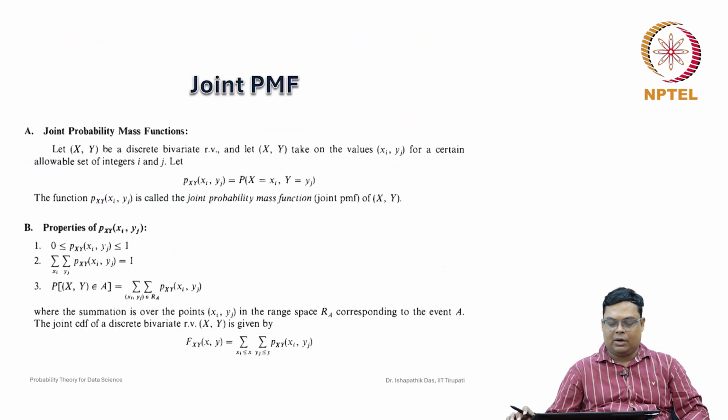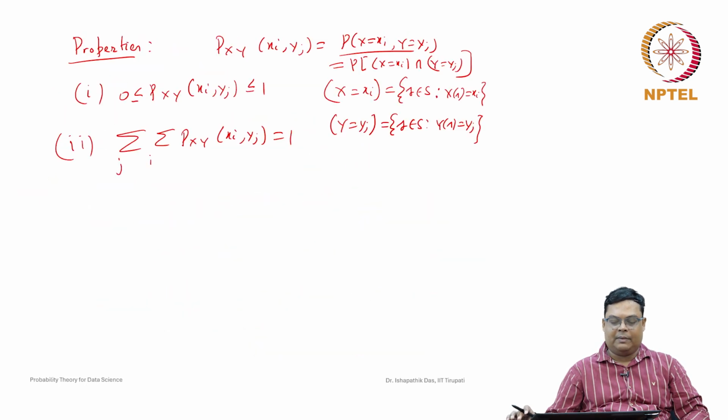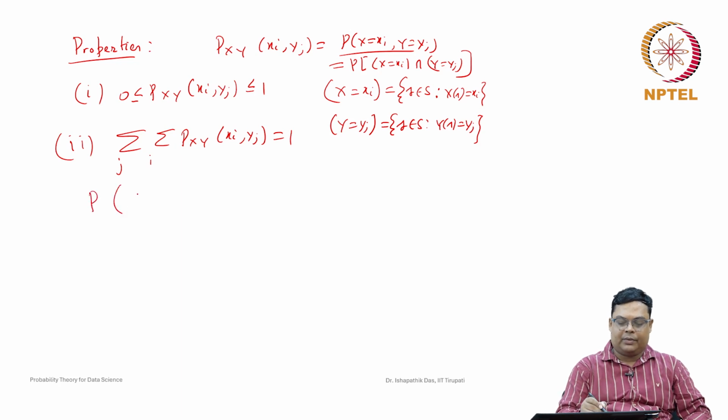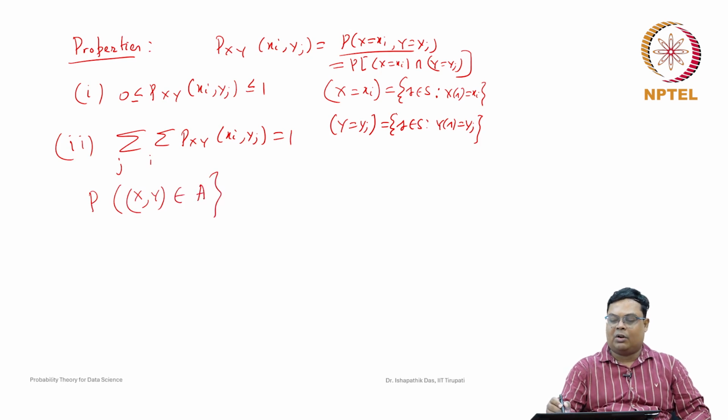So, this should be equal to 1. And if you want to find the probability that the random variables (X, Y) belong to A, where A is a subset of this range R_XY, this will be nothing but the summation over all i and j such that (x_i, y_j) belongs to this range.